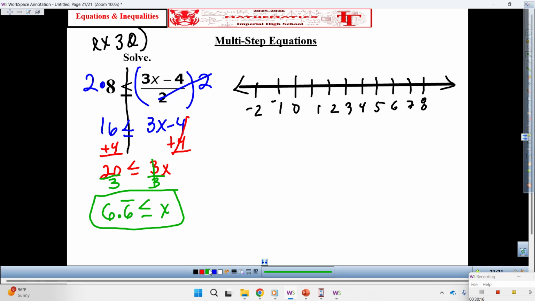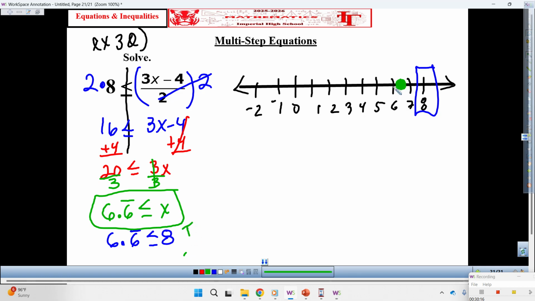Let's go with Miguel. Tell me what to do. A closed circle between 6 and 7. Then what number would you like to test? Let's test 8. So we got 6.6 repeating less than 8. Is 6.6 less than 8, everyone? Yes, that is correct. It is true.